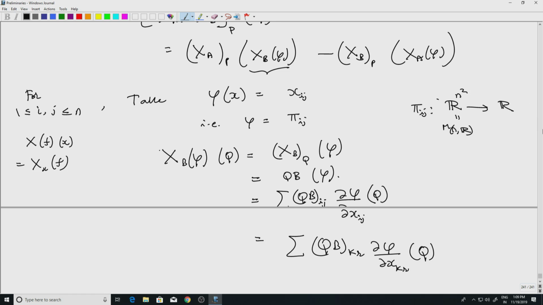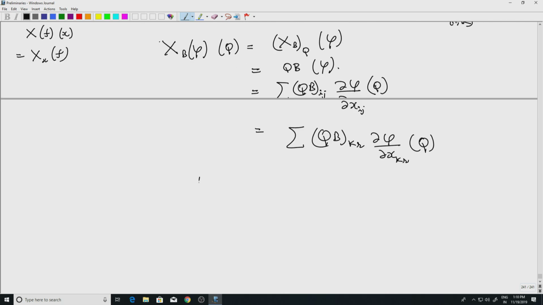Let's take phi equal to xij. If phi of x equals xij, then all the partial derivatives of phi will be 0 unless this index pair Kr is exactly equal to ij. Then and only then will I get this to be 1, otherwise it will be 0.